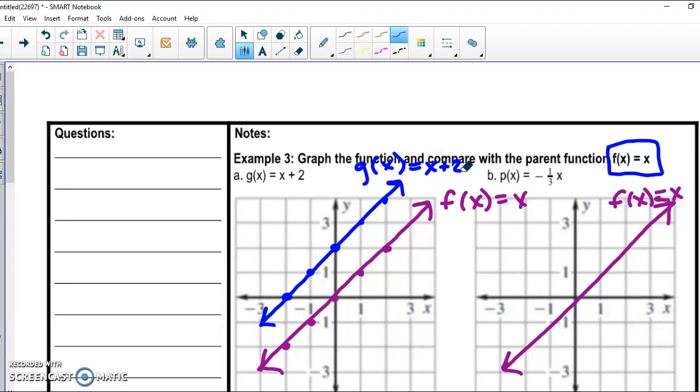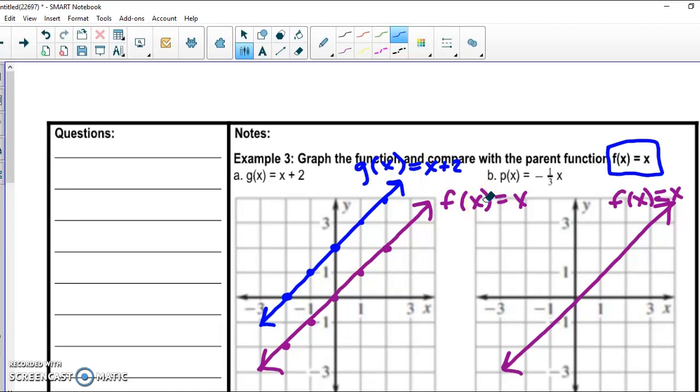So one thing I noticed is that these lines appear to be parallel. So think about how we can check for sure. We know that parallel lines have the same slope. So as I look at my parent function, my coefficient of x is 1. And in my g of x function, my coefficient is also 1. So they are indeed parallel.